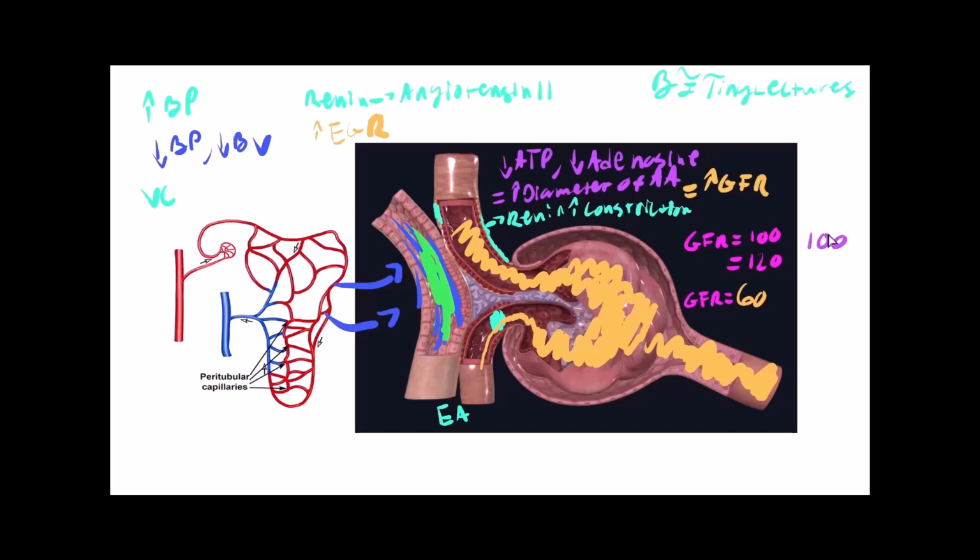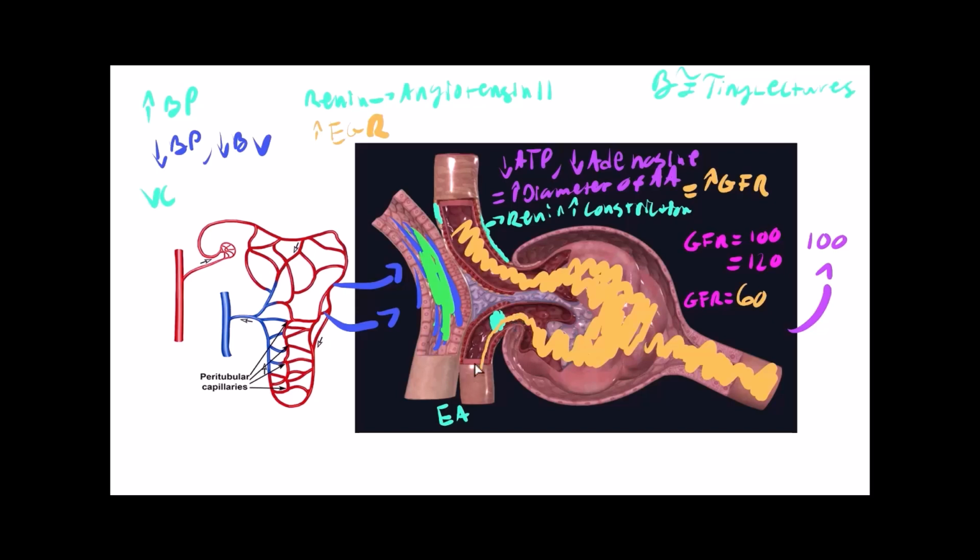So what I'm trying to tell you is that we do all of this just so that we can go back to the original GFR, which is 100. We don't want to go past 100. We don't want to do 102 or 110. We want to go back to normal. And the way we do that is that we relax the afferent arteriole and we slightly constrict the efferent arteriole.